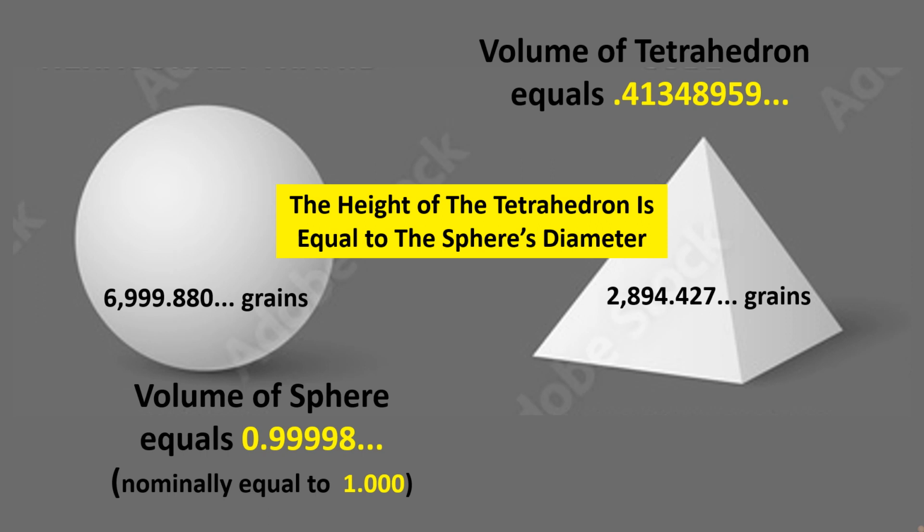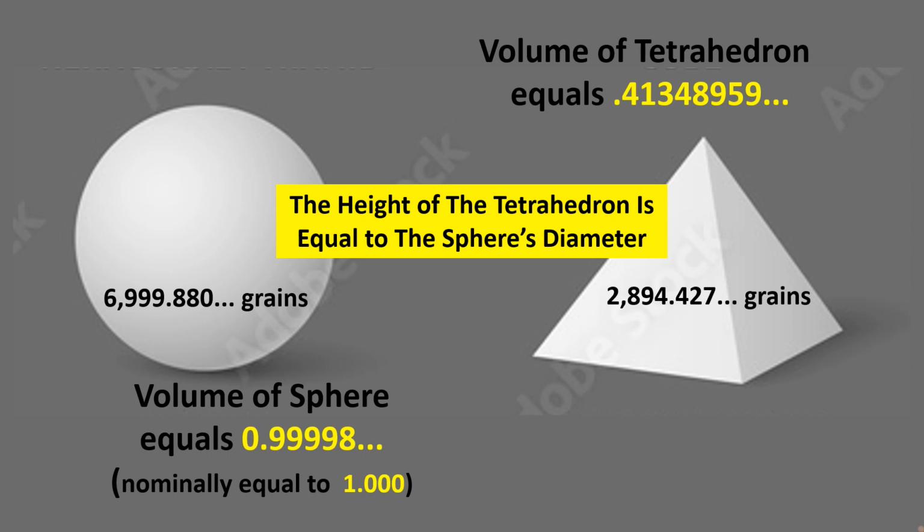And if the sphere's volume was exactly 1 unit, then the height of this tetrahedron would be 0.99998, the height or diameter of a sphere. For all practical purposes, they are commensurate forms. What's more, if this tetrahedron is spun on one of its faces into a cone, the volume of the cone will equal this sphere's volume.